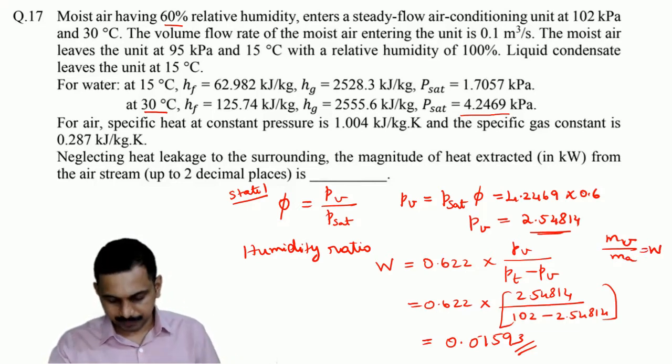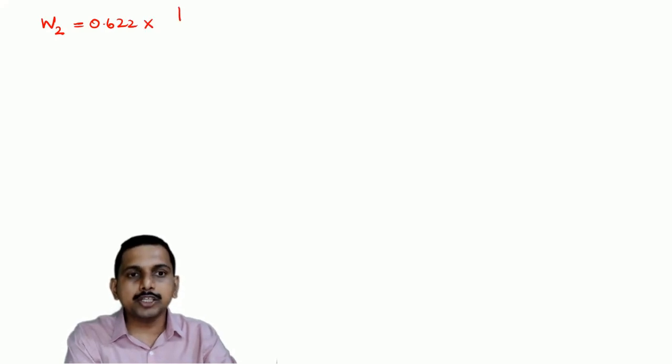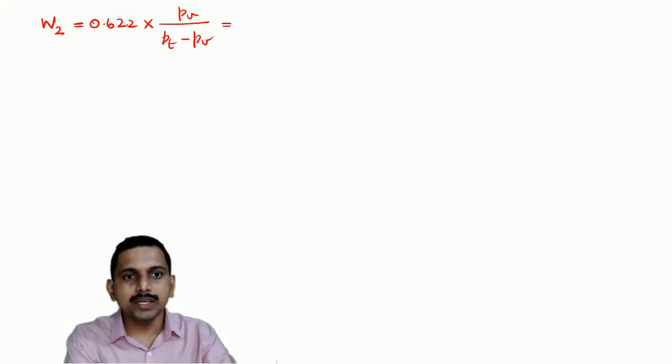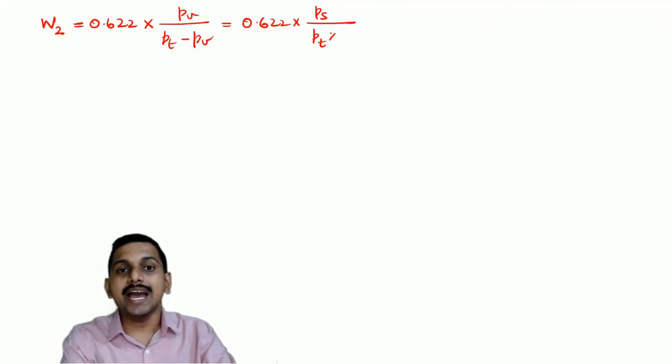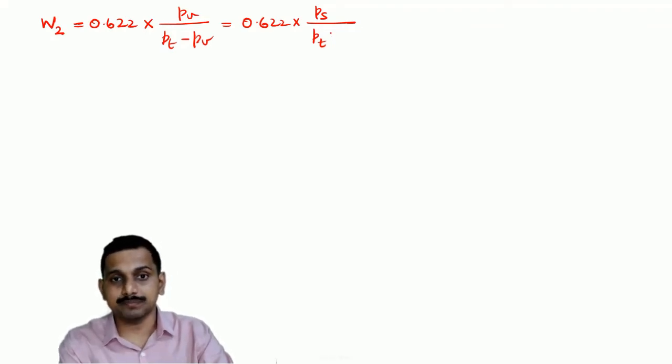Okay, next point we have to see is humidity ratio at state 2, say W2, which is given as 0.622 into pressure of the vapor divided by total pressure minus pressure of the vapor. Now this P_v here has to be the saturation pressure, because it is at 100% relative humidity. 100% relative humidity means saturation.